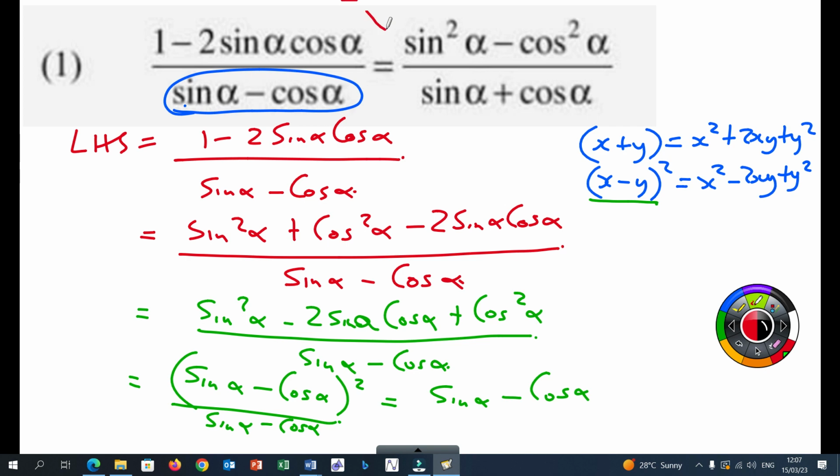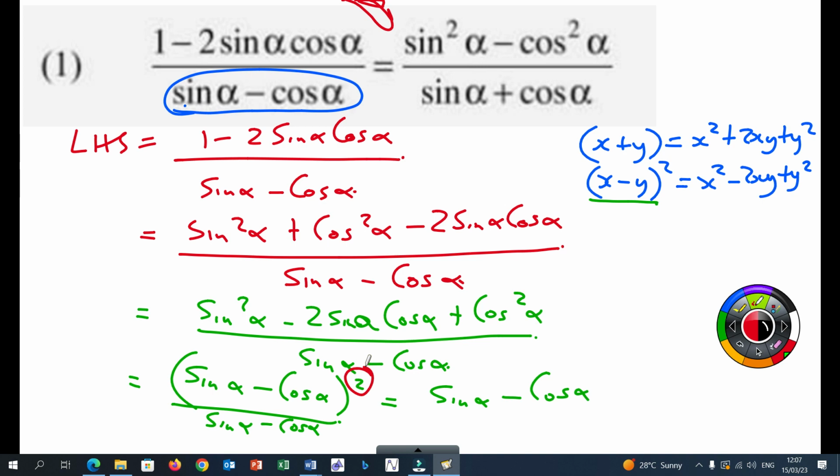Look, how many sine alpha minus cos alpha do we have? We have 2, right? In the denominator we have 1. So one of these 2 cancels with the denominator. Do you see that? One of these 2, there are 2 of them, 2 binomials that are identical.